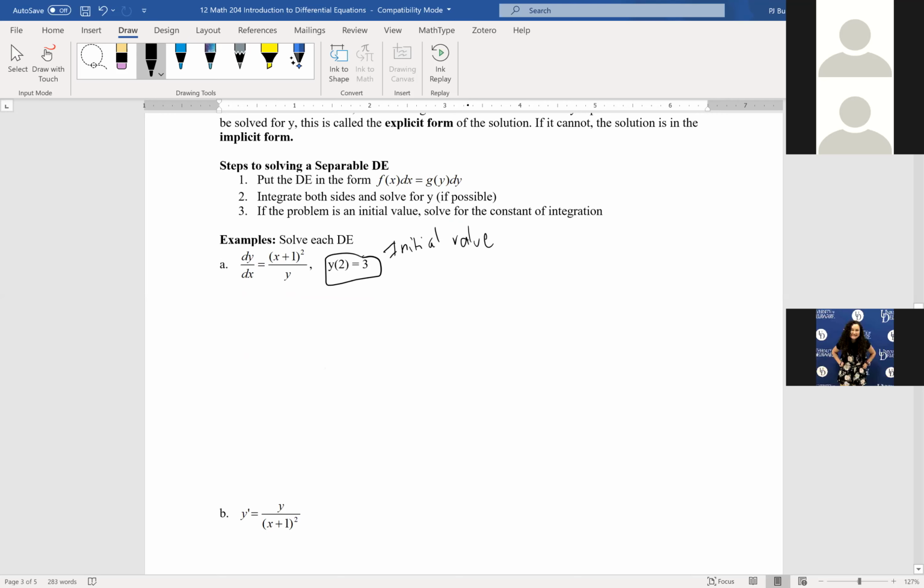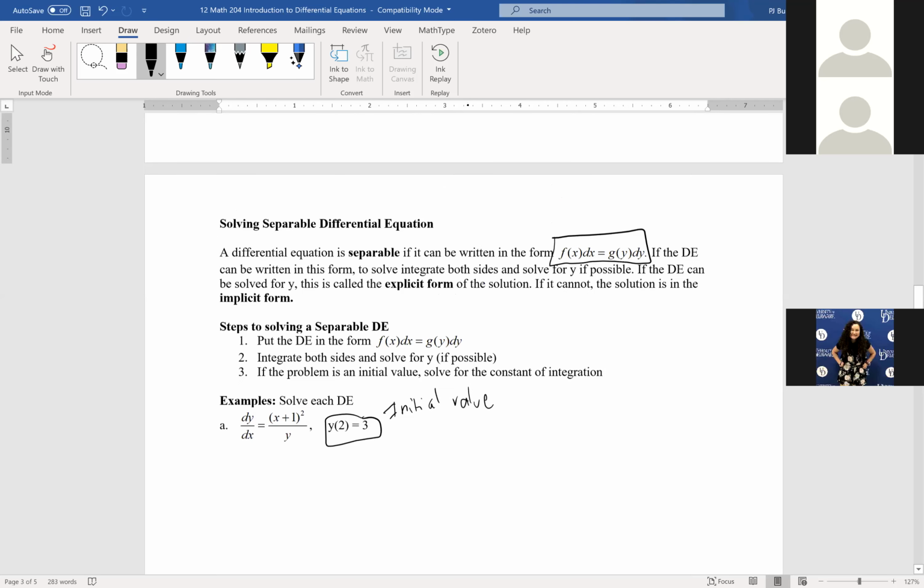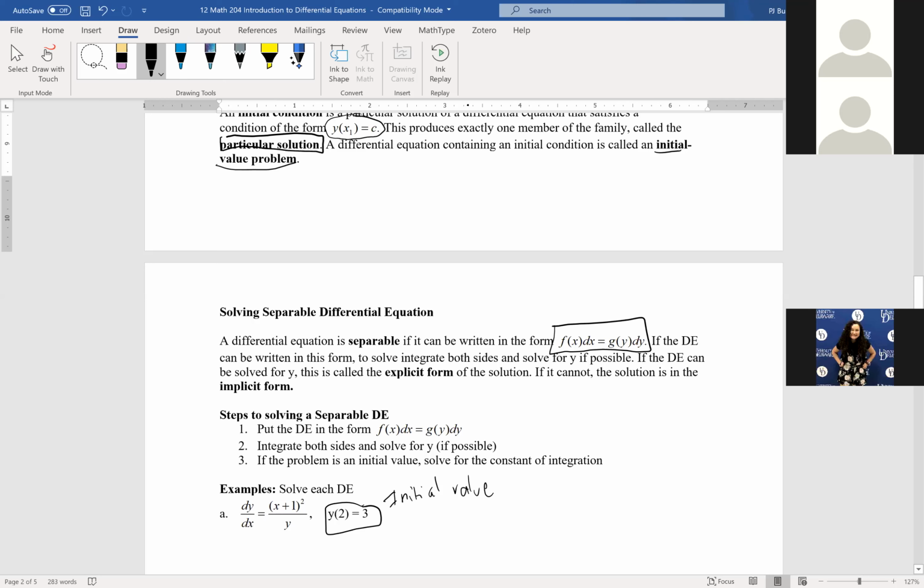So let me just motivate the separable differential equation before I solve that. So let's say I've got some function, call it big F, that is both a function of x and y. So it could be something like x squared y, for instance.